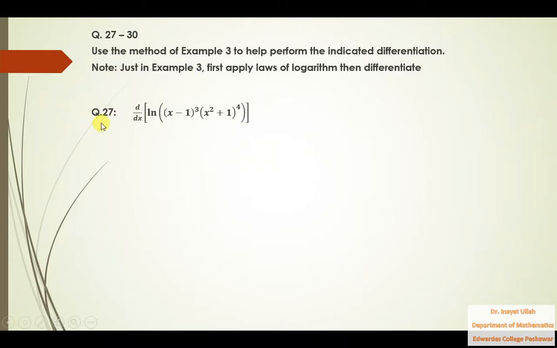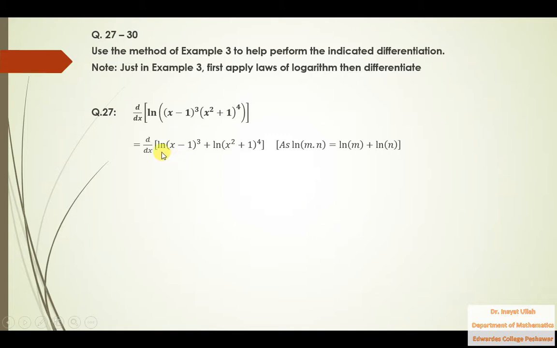Question number 27 says find the derivative of this whole function. We see that this is the derivative of log of m into n. So first of all, simplify this function with the help of the rules of logarithm. Log of m into n is log of m plus log of n.